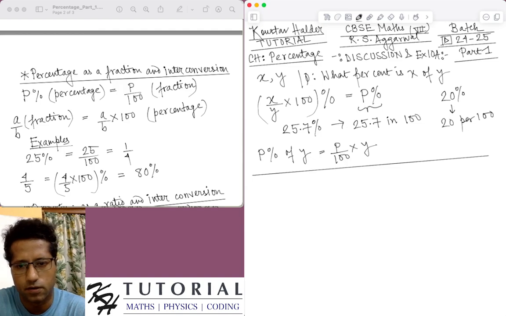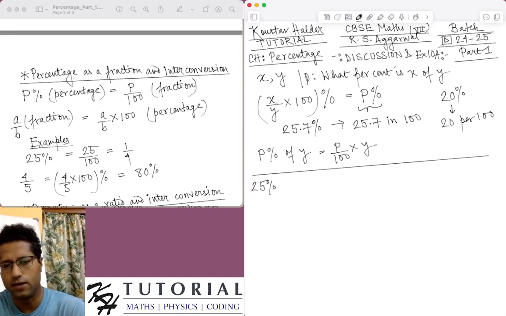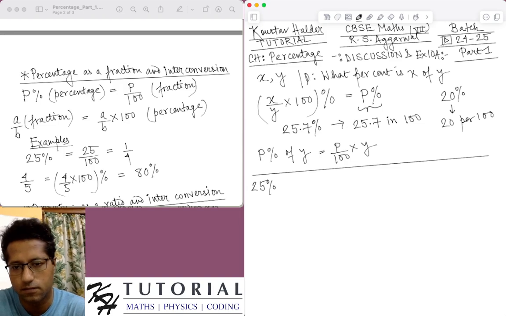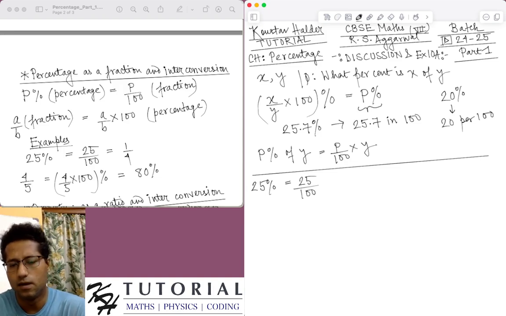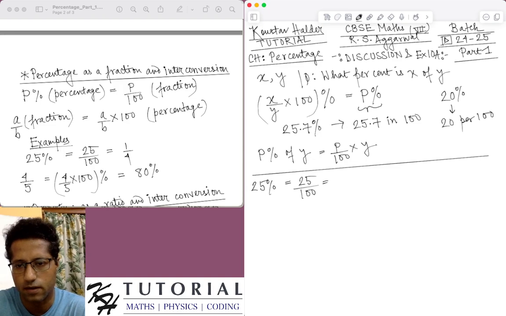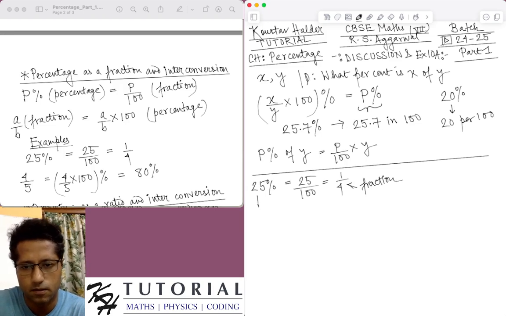So for example, if you are given 25 percentage, and we would like to convert this percentage into a fraction, this is nothing but 25 divided by 100. You get the fraction. Now you can further reduce this fraction to its simplest form, and it will become 1 by 4. This is the fraction we obtained from the percentage.